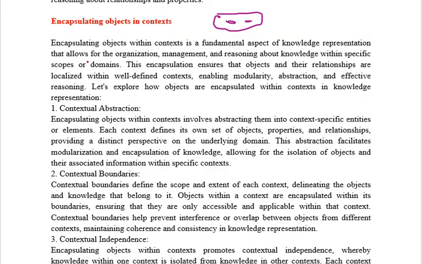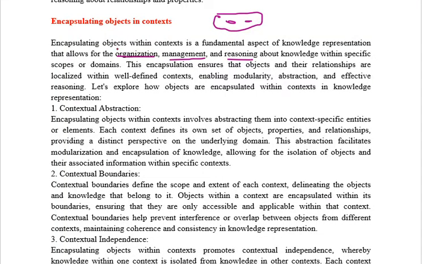Now let's start. Encapsulating objects within a context is a fundamental aspect of knowledge representation, and it allows organization, management, and reasoning about the knowledge.